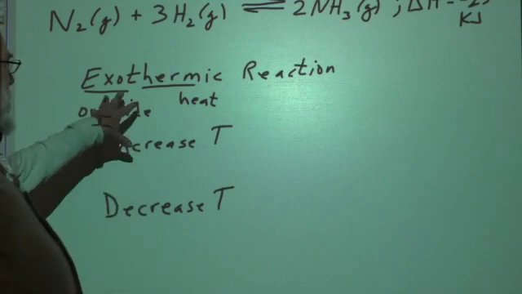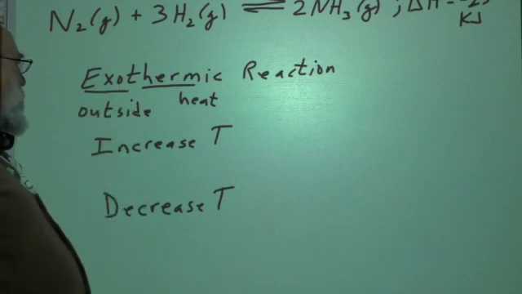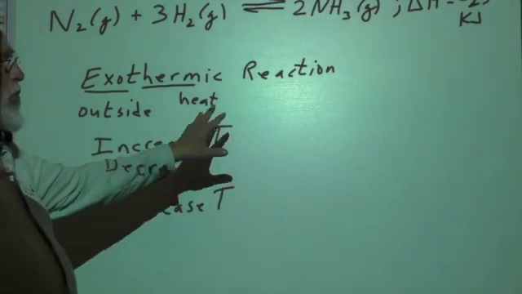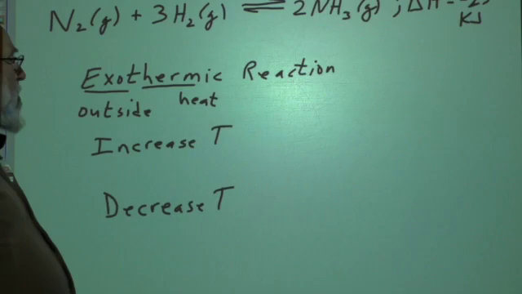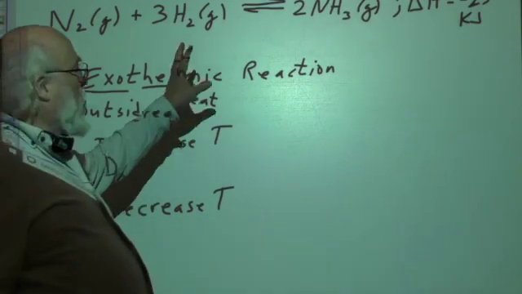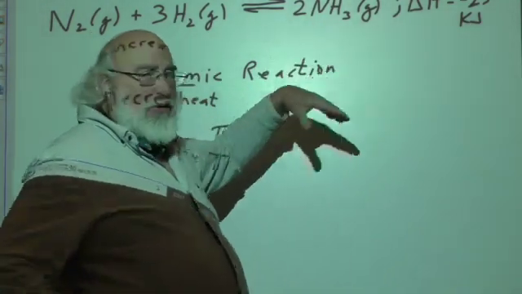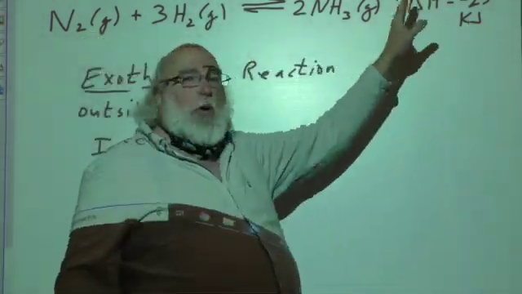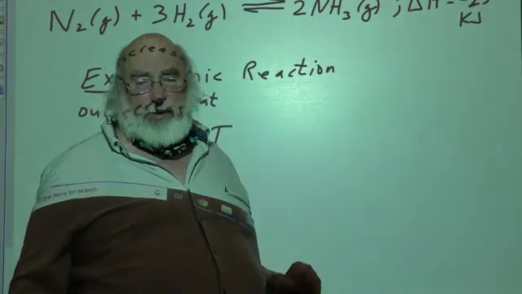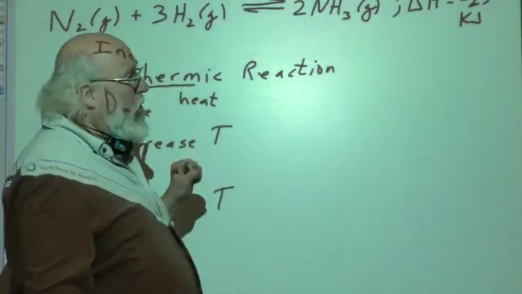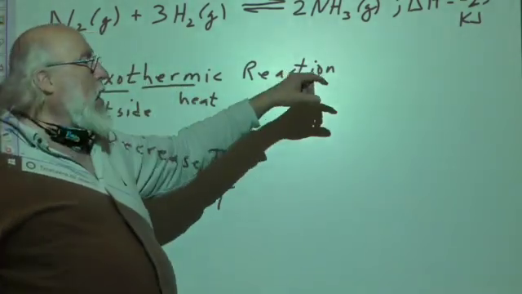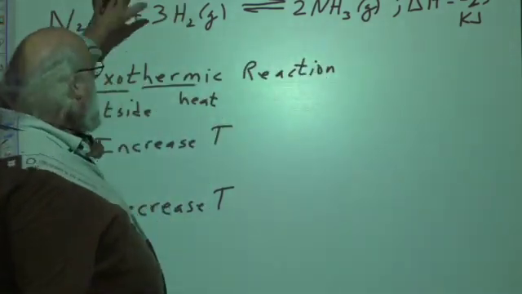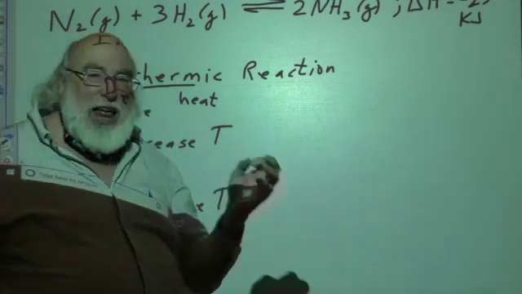Now, first of all, because the definition of exothermic means heat going to the outside, if you were to increase the temperature, that means then that this reaction going to the right, and remember, even though this is a double layer with two reactions, the delta H value only refers to the right reaction. Okay? So when we look at the right reaction, we know that the left reaction going from 2NH3 to N2 plus 3H2 is an endothermic reaction.